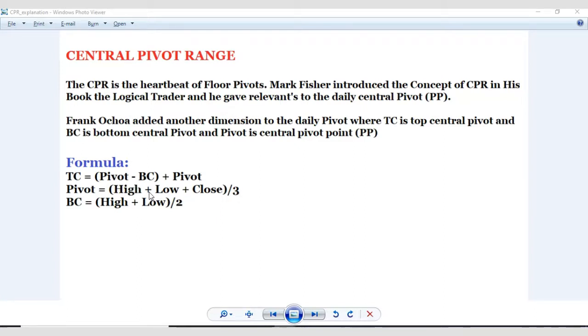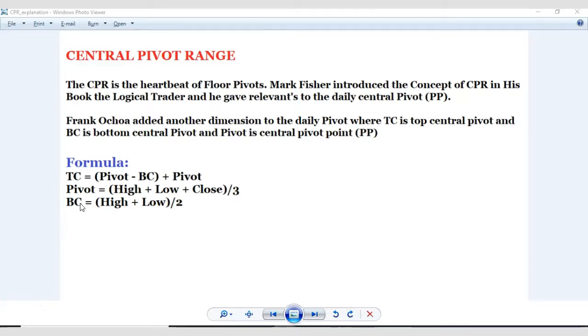Because we are using 3 values, that's the reason we are dividing it by 3. This is a formula which was developed a long time back. Once you get that pivot, the next thing you need to calculate is the BC, because we need this value to get the TC.